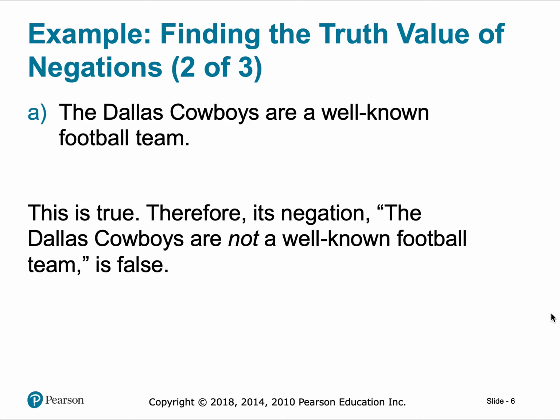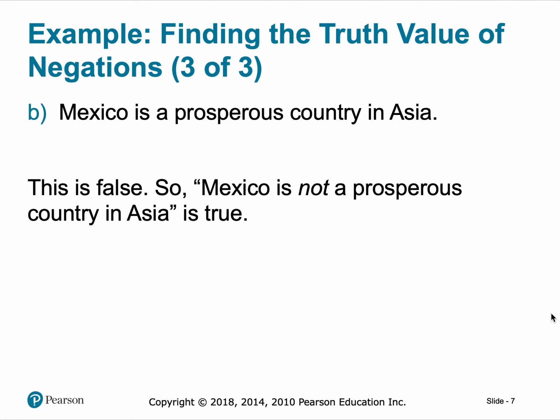So if I negate the Dallas Cowboys statement, I'm going to say the Dallas Cowboys are not a well-known football team is false, because if that was true, then the opposite would be false. Mexico is obviously not in Asia, so that statement is false. And so when I say not to negate it, that actually is a true statement.